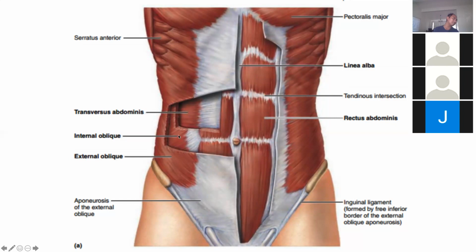Internal oblique runs downwards and laterally, the same as the internal intercostal muscle. And the innermost, we don't say innermost, but transversus abdominis. They are going in a transverse direction. So these are the abdominal muscles, together with rectus on the right side and rectus on the left side, which has been removed.